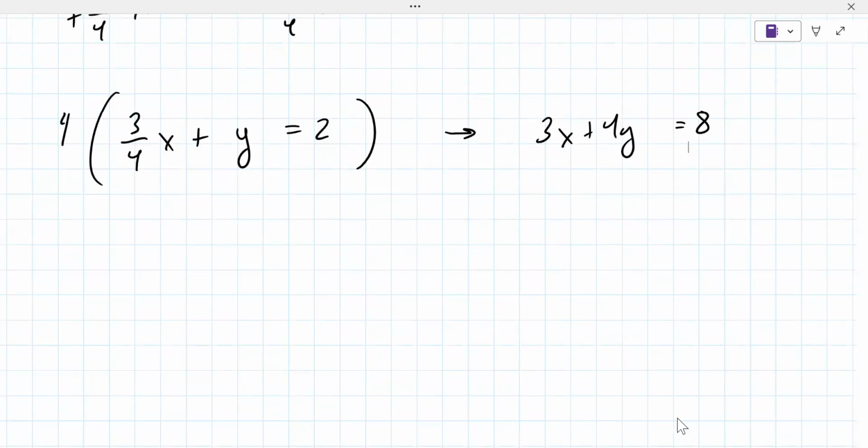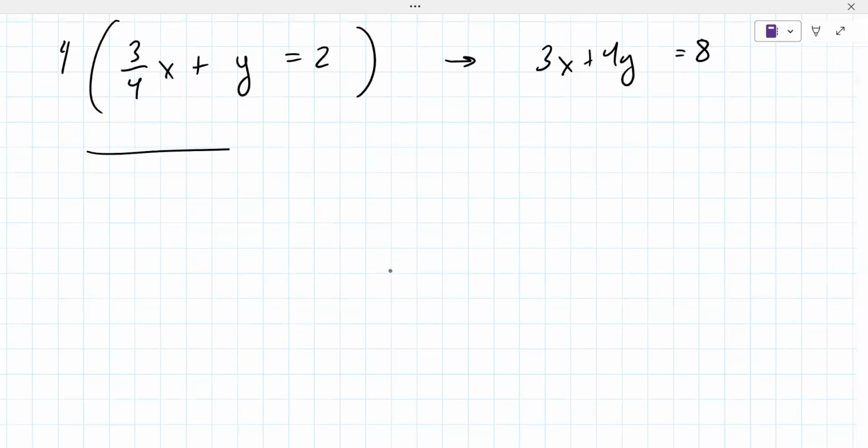Let's try another one here. So let's say I give you something like this. Y equals 2/3 x plus 7.